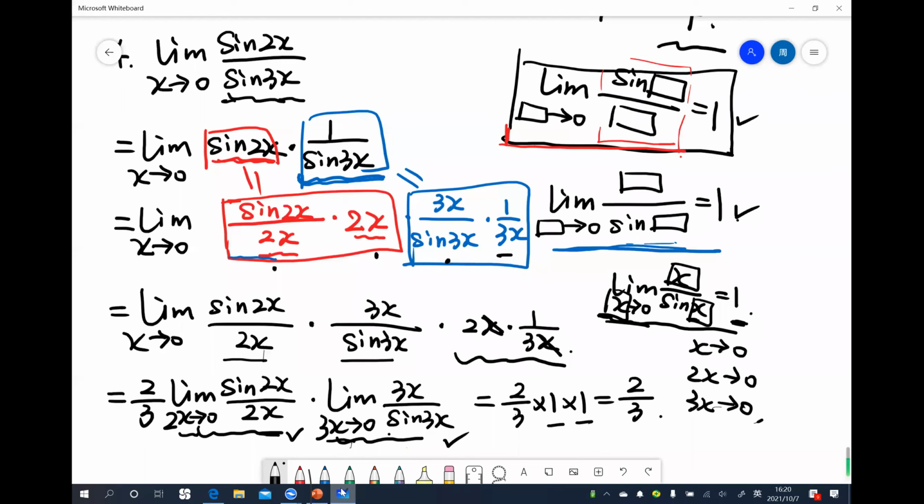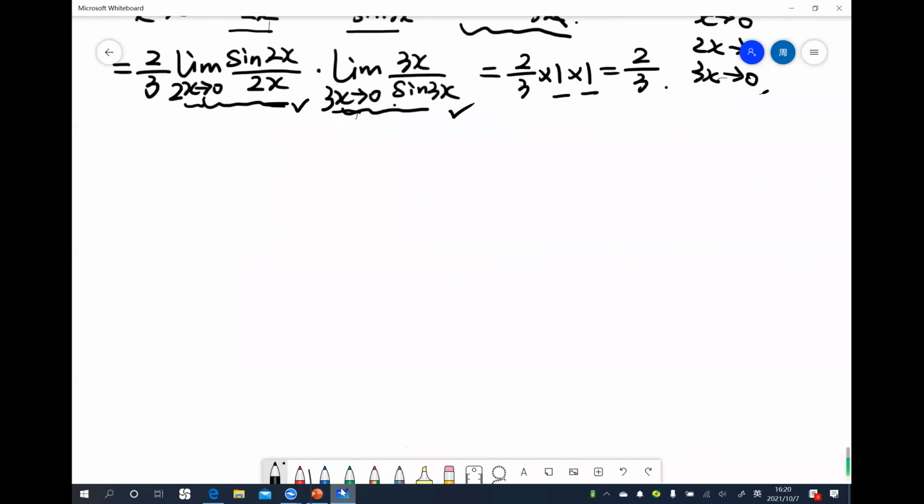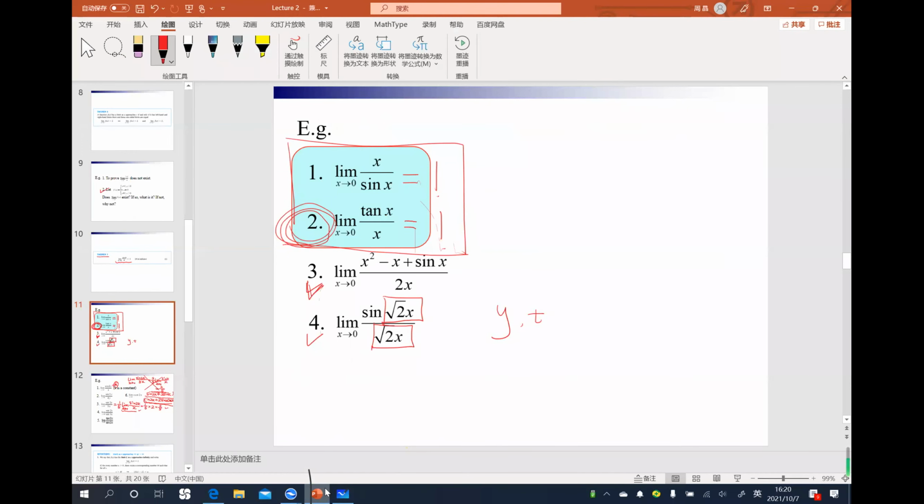Okay, so for the last exercise, I will write here question number 5, and we use the formula here, as you can see, number 2: the limit of tangent x over x as x approaches 0 equals 1.